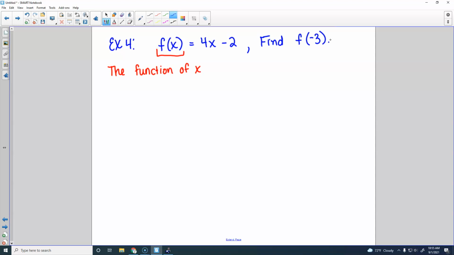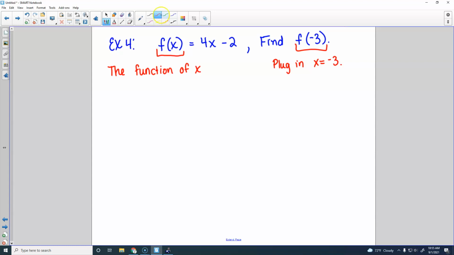It's just new notation that you hadn't really seen written like this before. When it says find f of negative 3, what it really means right here is plug in x equals negative 3. So plug in negative 3 for x. That's what it means.